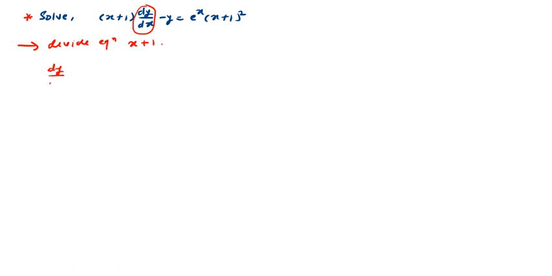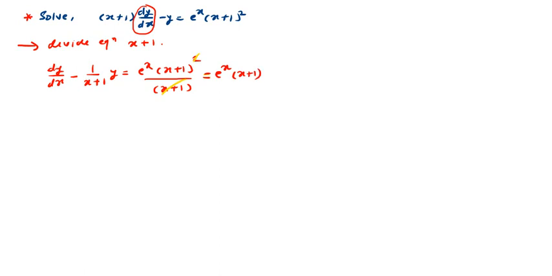This will be dy by dx minus 1 upon x plus 1 into y equal to e to the power x into x plus 1 square upon x plus 1. So again this factor will get cancelled. So finally what remains is e to the power x into x plus 1.